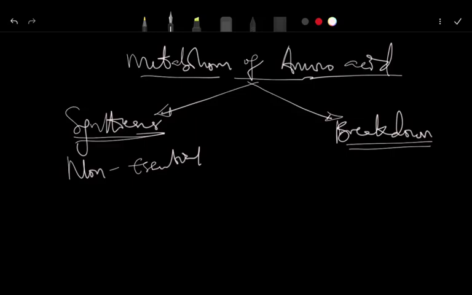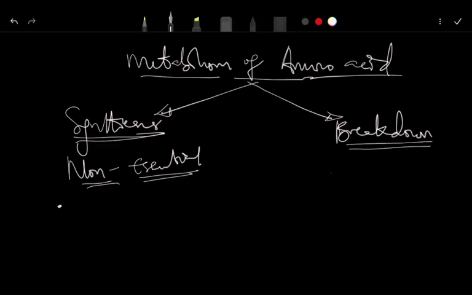Because methionine is an essential amino acid, so you cannot synthesize it. Only the non-essential amino acids can be synthesized, so as time passes by, we will talk about synthesis of glycine, synthesis of alanine, synthesis of each of the amino acids that can be synthesized.